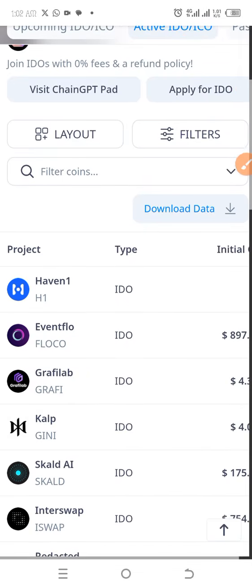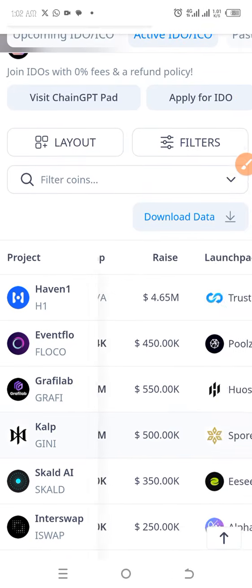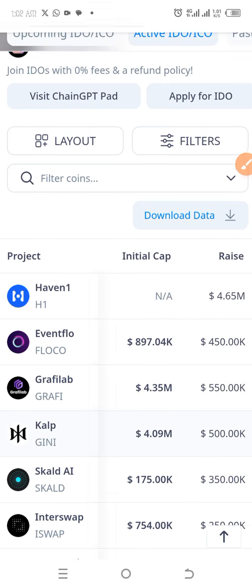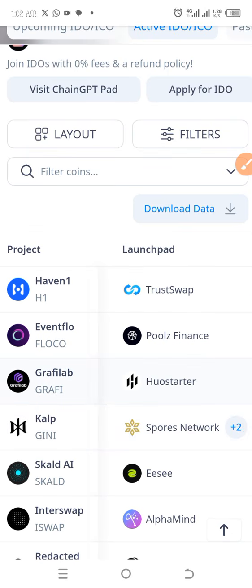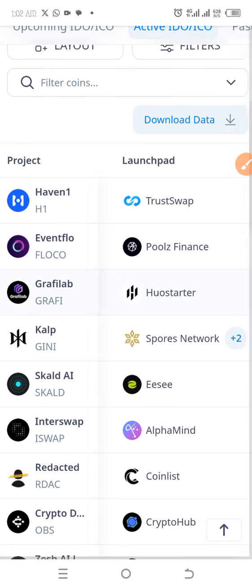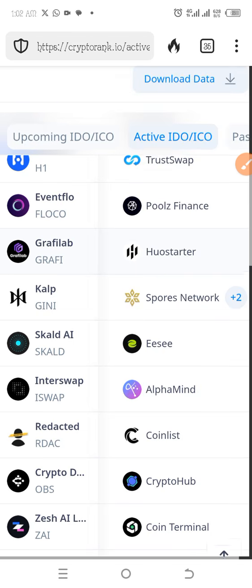So here is the active IDO, and you will notice the initial cap and every piece of information you need to know about them, and where they are actually launched, where you can actually buy them: Trust Swap, Pool Finance, and everything like that. This is where you can get them.